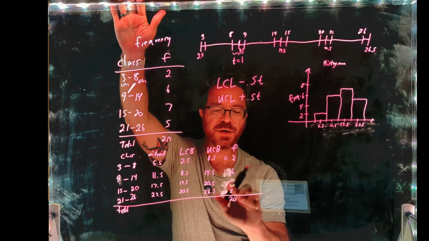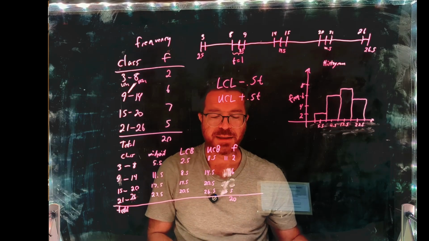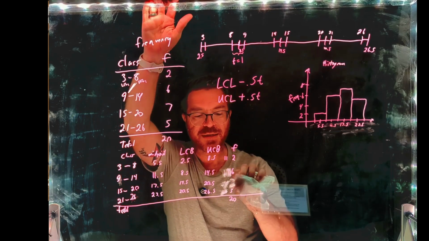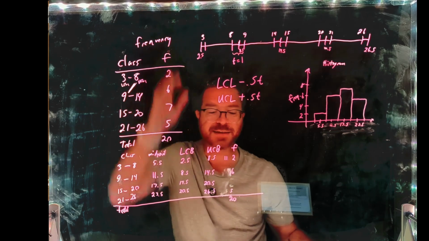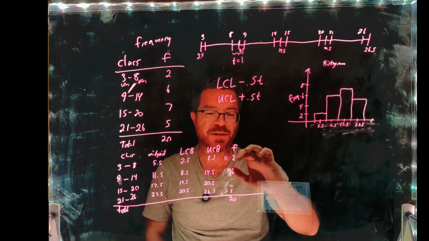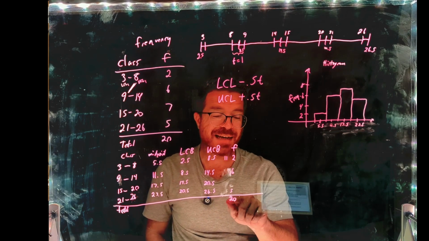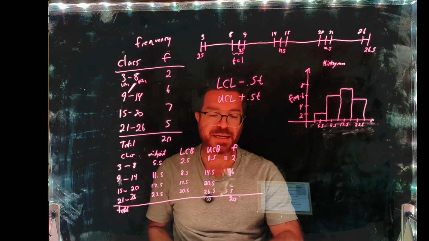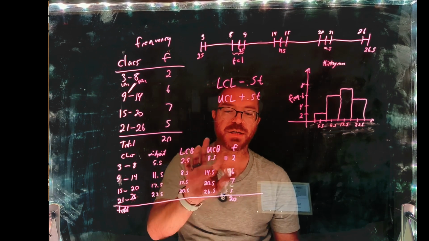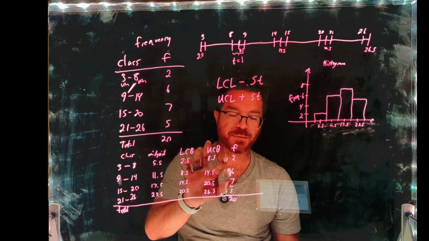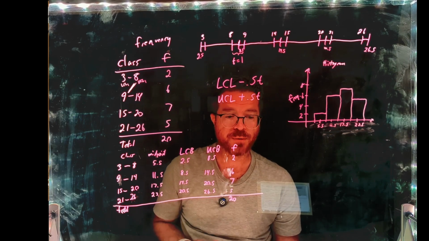So if I had this one left blank, I've got 2, 6, and 5. If I add those up, 5 plus 6 is 11, 12, 13. So I know it has to add up to 20, meaning that this has to be 7. So I could figure out what is missing from the table using this total.